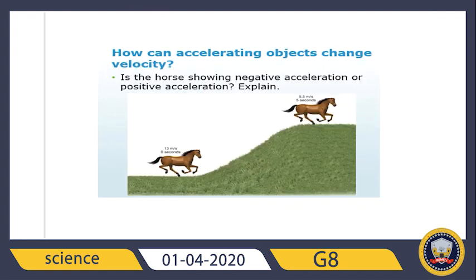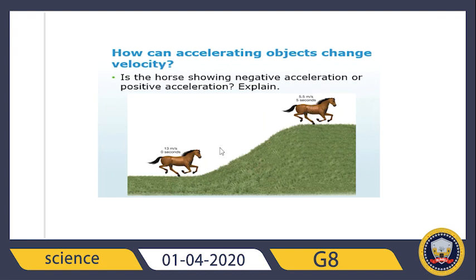So guys, we have this question: is the horse showing negative acceleration or positive acceleration? And explain. So guys, what do you think? At 0 seconds, the speed of the horse was equal to 13 meters per second, while the velocity of the same horse after 5 seconds was 5.5 meters per second.